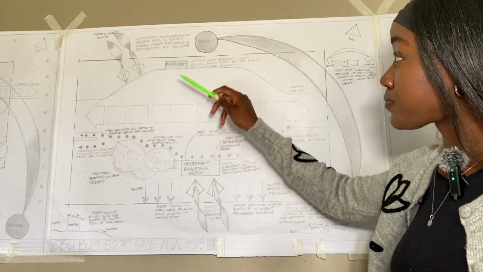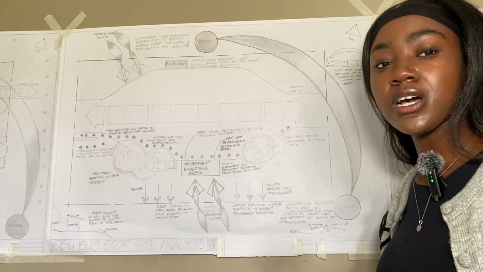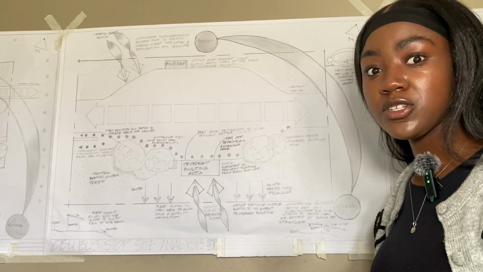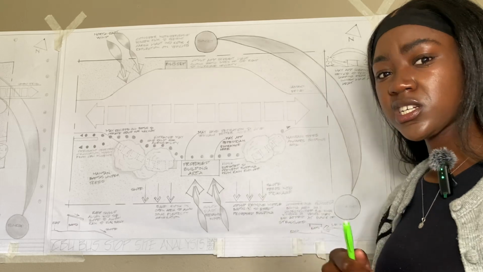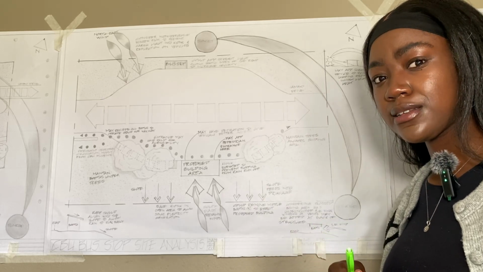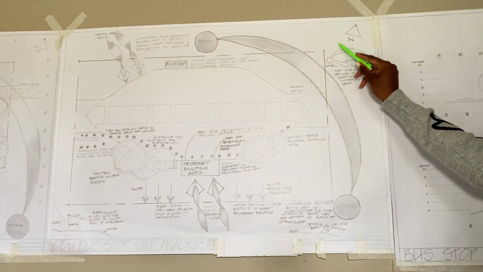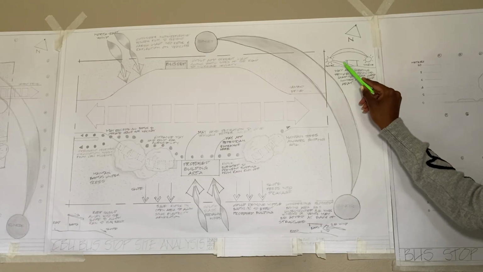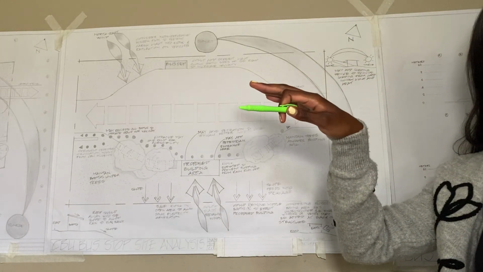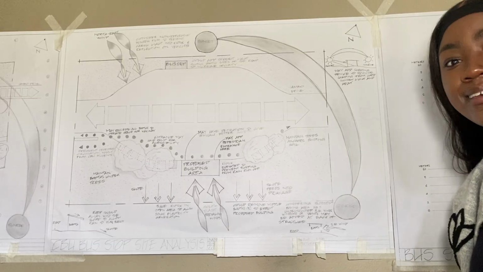Also, the sunlight entering the kiosk. People working there, people coming to use the place need to be comfortable, and if there's a harsh glare into the building, then it's not going to be comfortable. For that, I did a little sketch over here. I don't know if you can see it. I wanted to add a shading device. I don't know what to call it, a canopy, an awning.